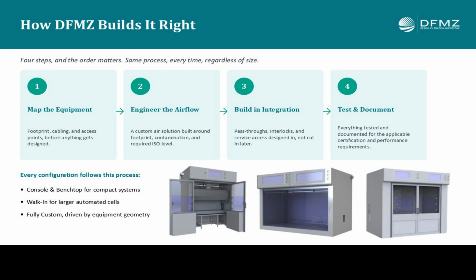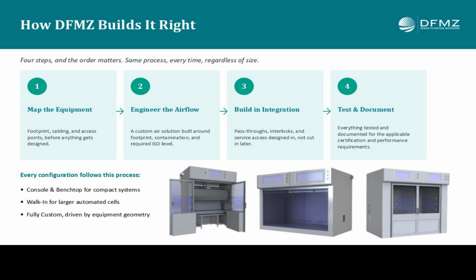So things like access panels, service points, equipment openings, and pass-throughs get built into the design instead of modified in later. Third, integration is built in from day one. Pass-throughs, interlocks, service access, and equipment interfaces are designed in, not cut in later with a hole saw.